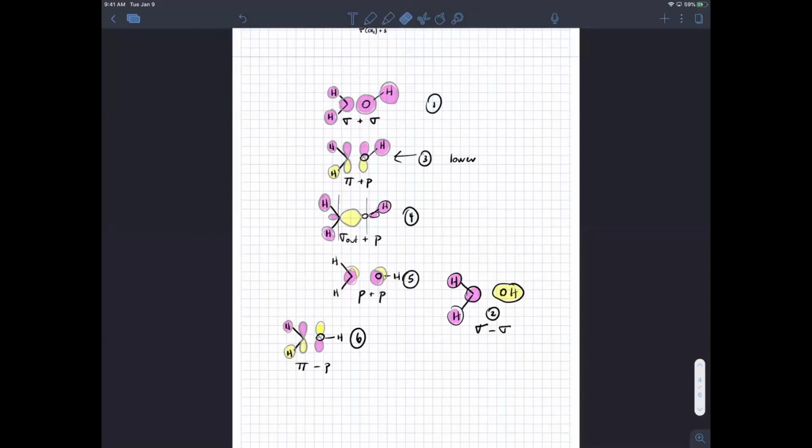Doesn't matter at all for the pi bond. So this one may be a little higher. Doesn't matter for the pi bond. Shouldn't matter for our sigma minus S combination.